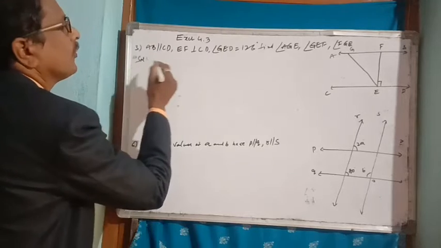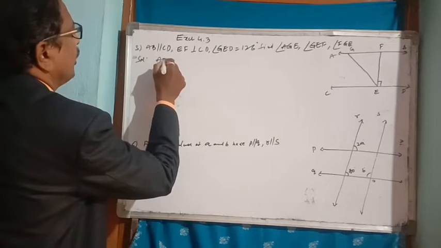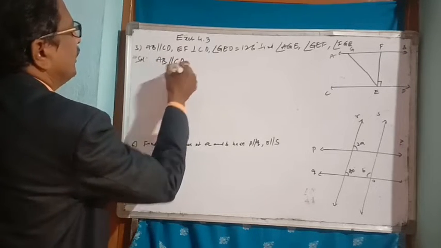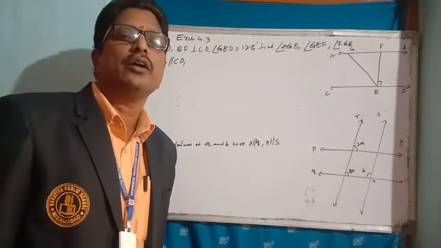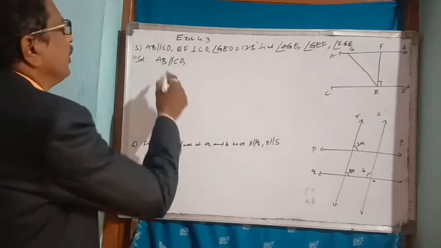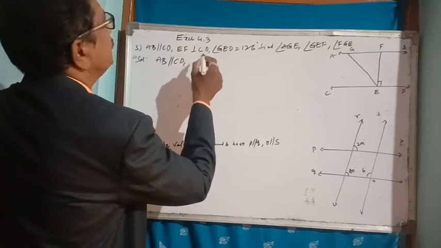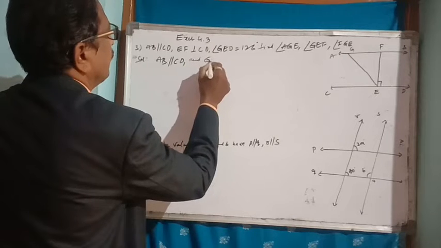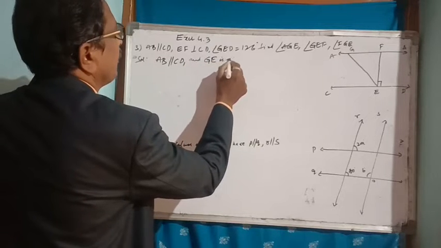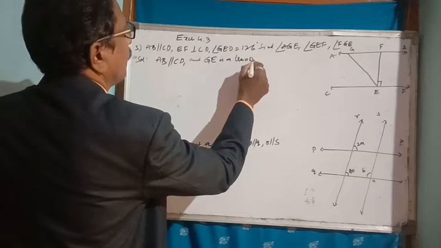Solution. Here AB is parallel to CD. About transversal, yesterday we discussed transversal and angles. So AB is parallel to CD, and EG is a transversal.